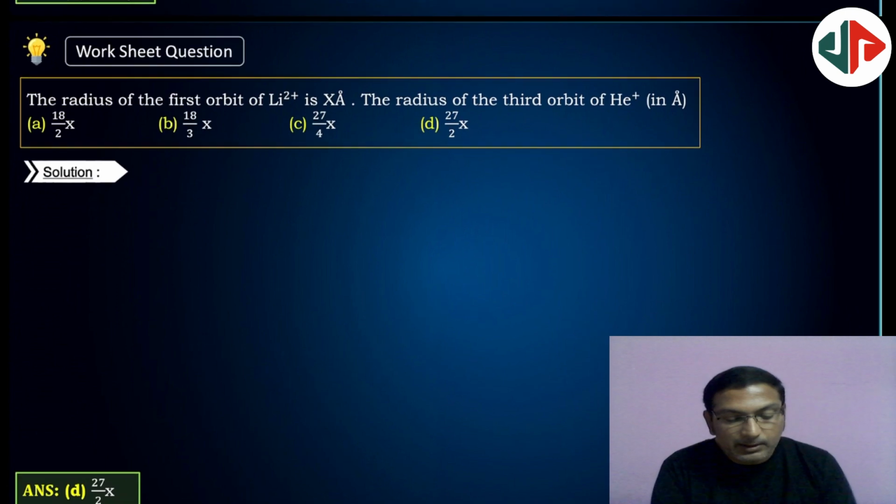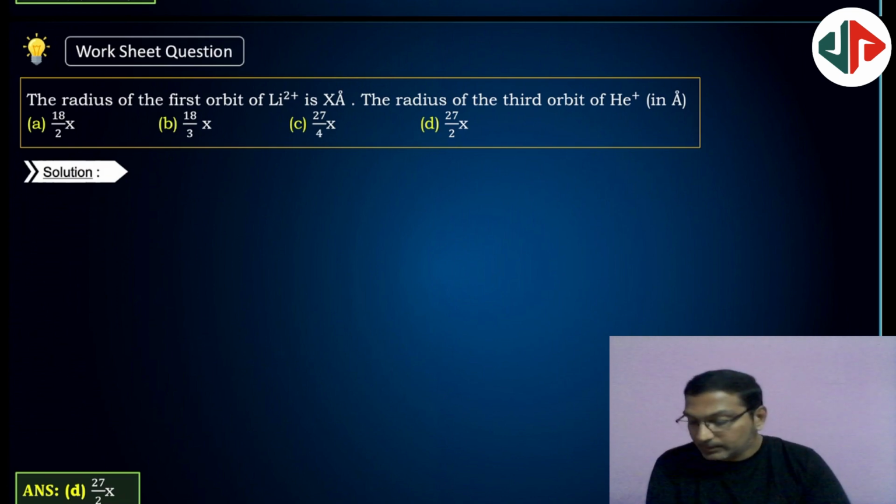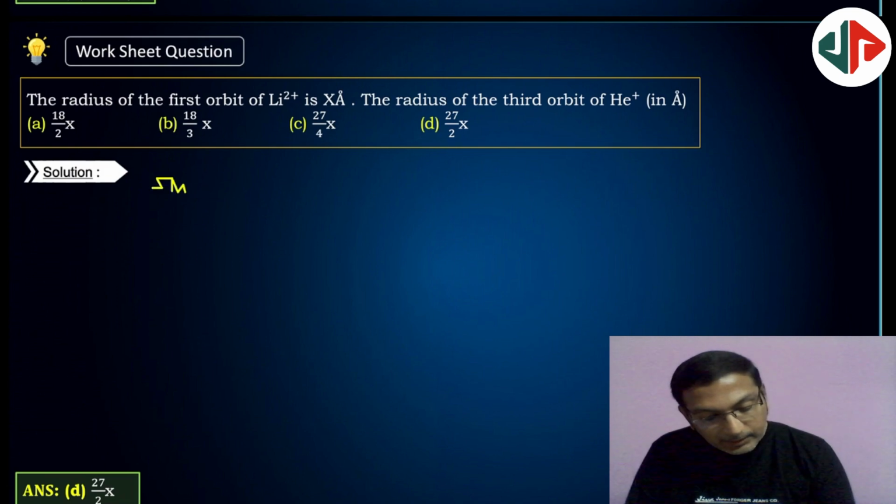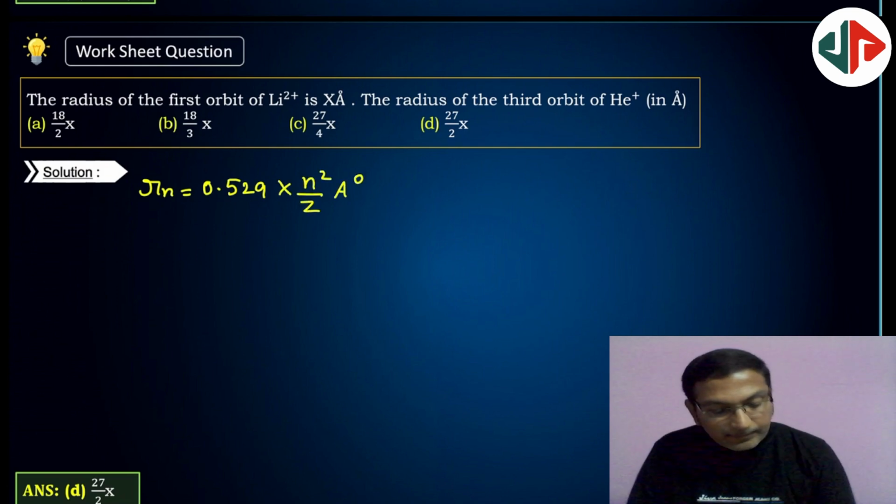The radius of the first orbit of Li2+ is x angstrom units. The radius of the third orbit of He+ in angstrom units will be. This is very important. First, we know the radius of the nth orbit formula: radius of nth orbit is 0.529 into n square by Z angstrom units.